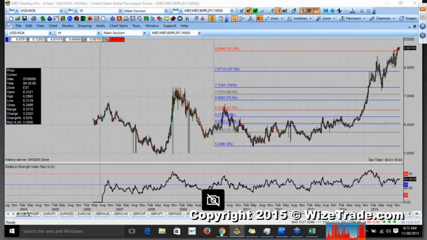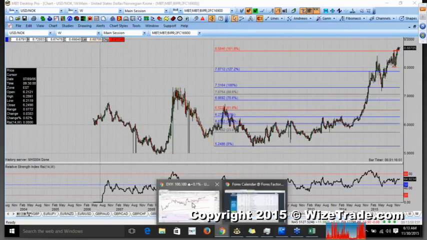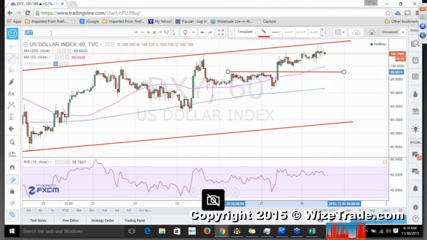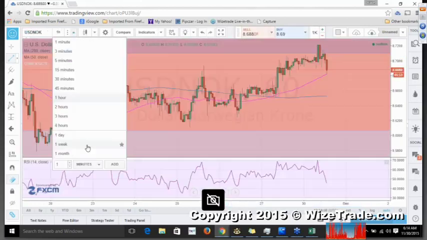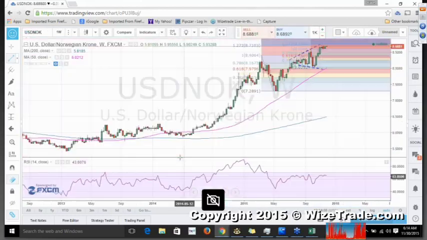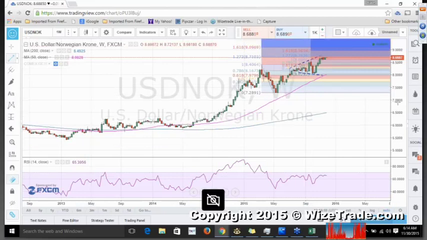You know what I mean? I gotta pull up a different chart. This chart's a little messy, so let's go to the U.S. dollar, Norwegian krona this way. Here, let me go to a weekly chart. I want to get rid of all the drawing tools.